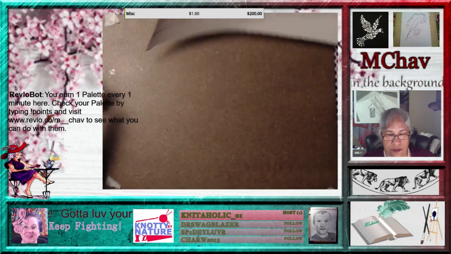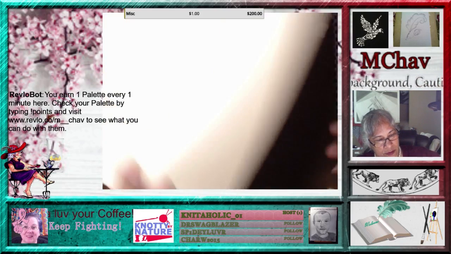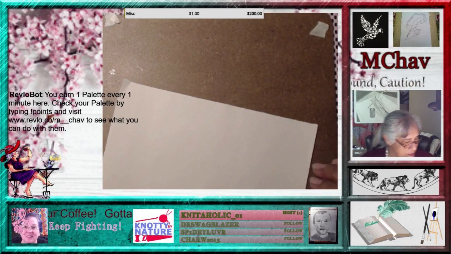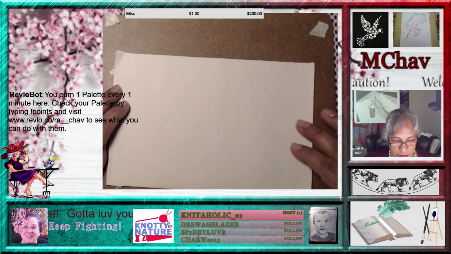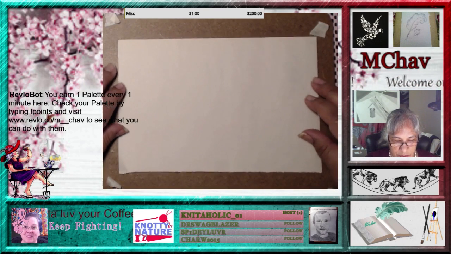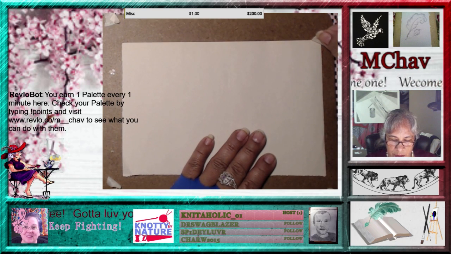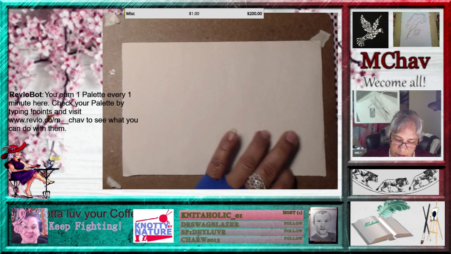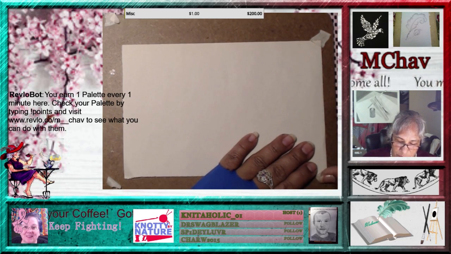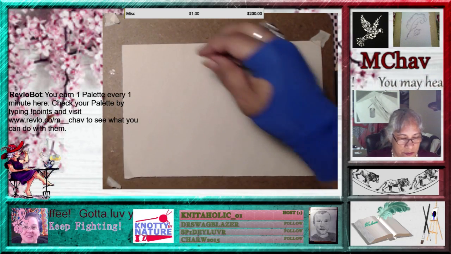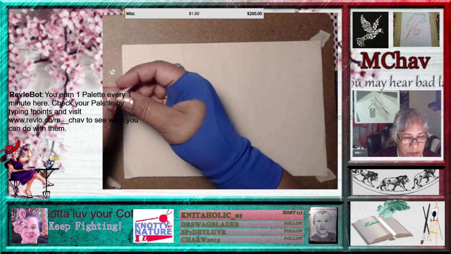We're going to do another one. Bring this over. I'm going to turn this over because it's the same thing on both sides, but my paper is sort of warped, so I turn it over and it won't be as warped.